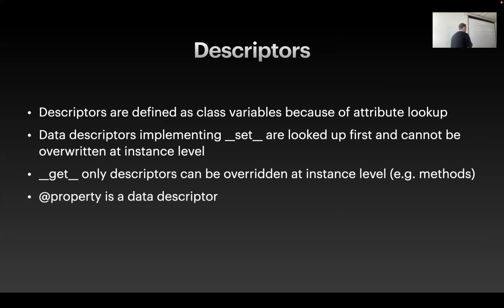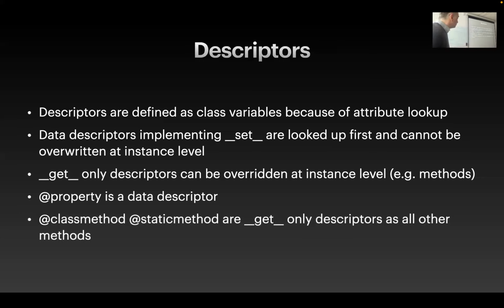So property is a descriptor, and it's a data descriptor. If you ever use property, it basically turns your function into a setter getter variable, and you can then call it without the parentheses.